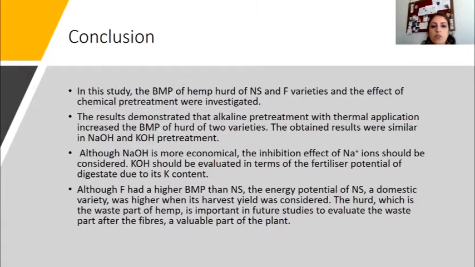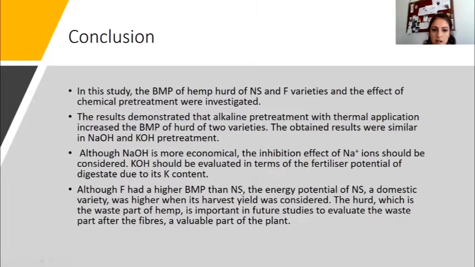The obtained results were similar in the sodium hydroxide and potassium hydroxide pretreatments, but sodium hydroxide is more economical, though the inhibition effect of sodium ions should be considered. Potassium hydroxide should be evaluated in terms of fertilizer potential of the digestate's potassium content.